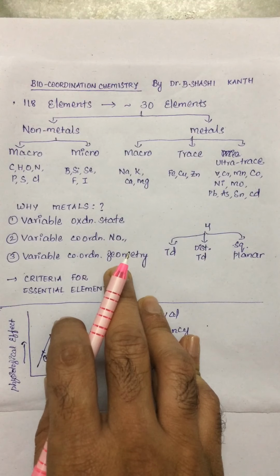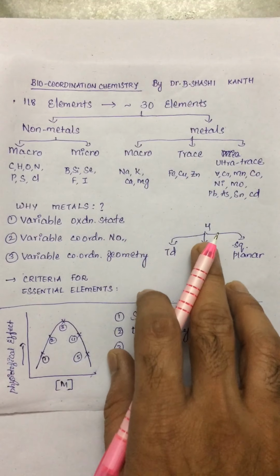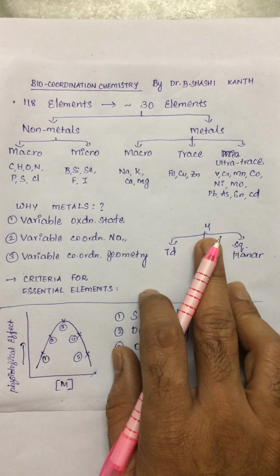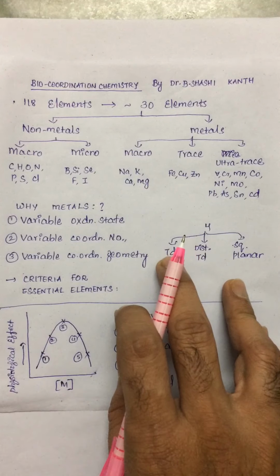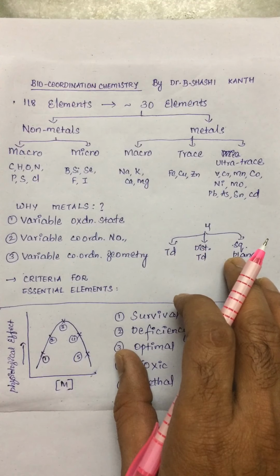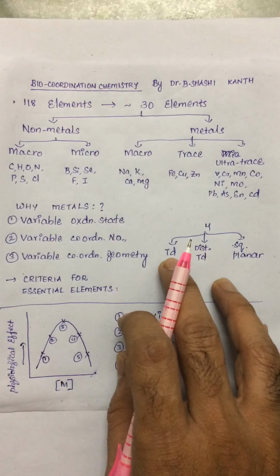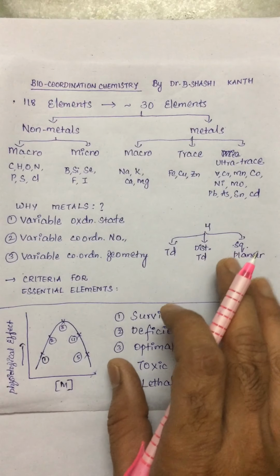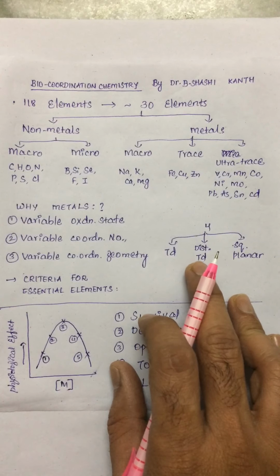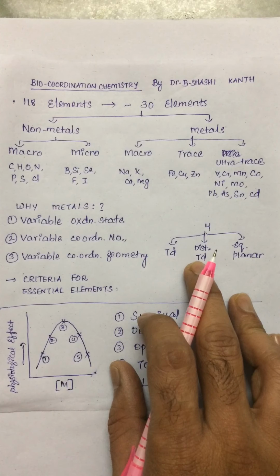What does this coordination geometry mean? Suppose I am taking an example of a coordination number 4. For coordination number 4, the feasible geometries are tetrahedral and square planar. So along with the pure tetrahedral geometry and pure square planar geometry, depending upon the energy considerations, we can also have a distorted tetrahedral geometry.